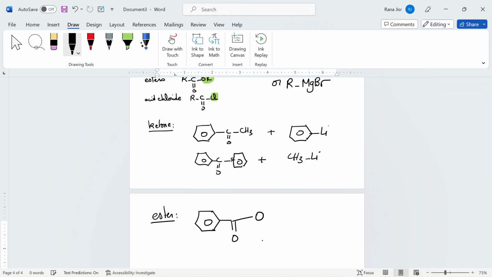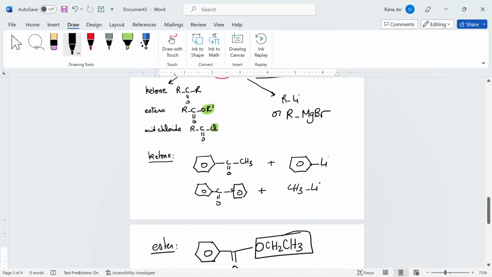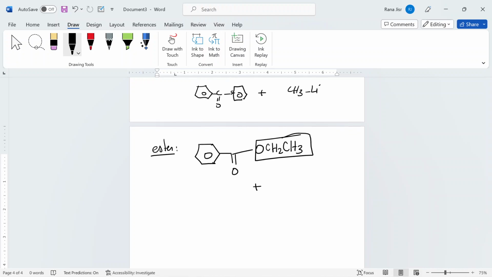Now the OR, just go ahead and choose any OR that you want. So the R can be any R that you want. I'm just going to go ahead and choose it as an ethyl group in there. After all, this is going to be my leaving group there, plus whatever is left from the molecule in there. So whatever is left is the CH3. This is going to be the R of the organometallic compound. So the R of the organometallic compound is going to be the CH3 there. That is for the ester.